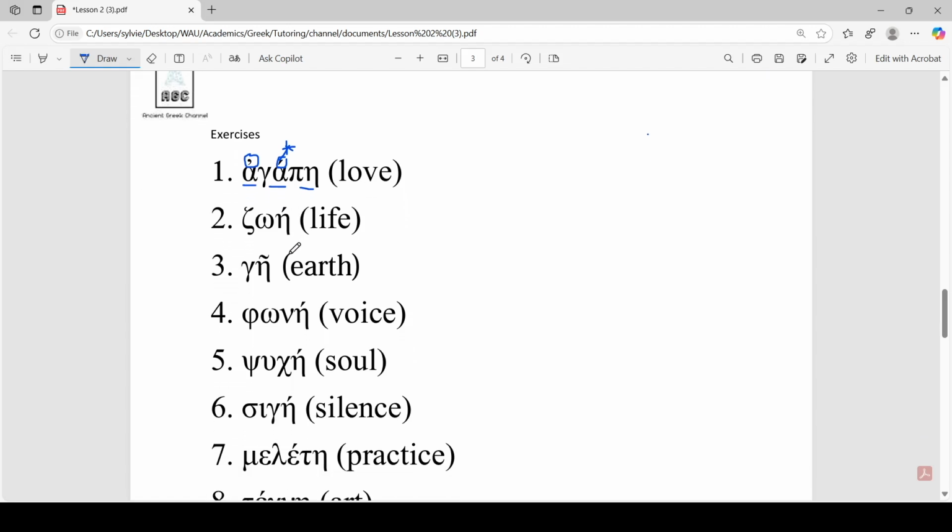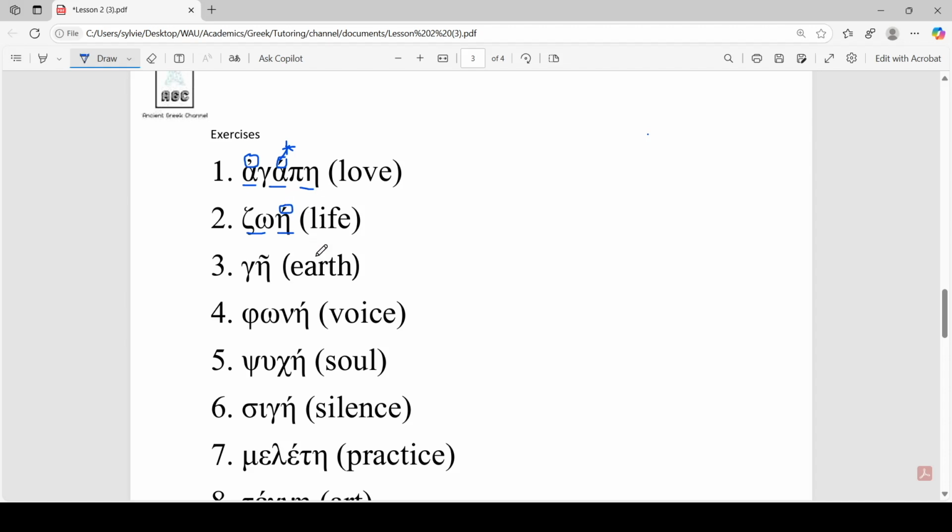Let's proceed with this word, Zoe. How many syllables do you think we have in this word? Well, we have 2 syllables, right? Zoe. And the right pronunciation is Zoe because we have an acute accent here.